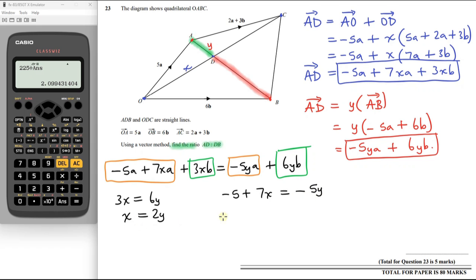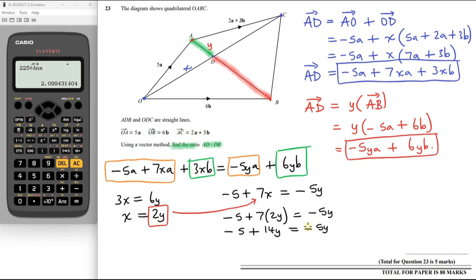And because we know that x is equal to 2y, we can just substitute 2y in for x here. So negative 5 plus 7 times 2y must be equal to negative 5y.